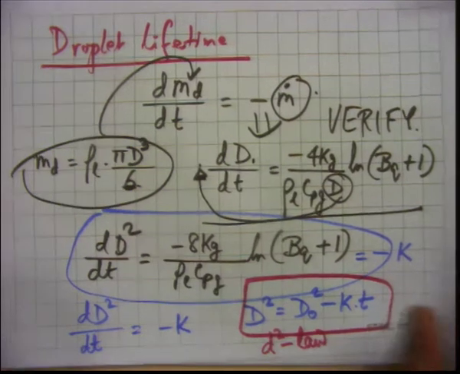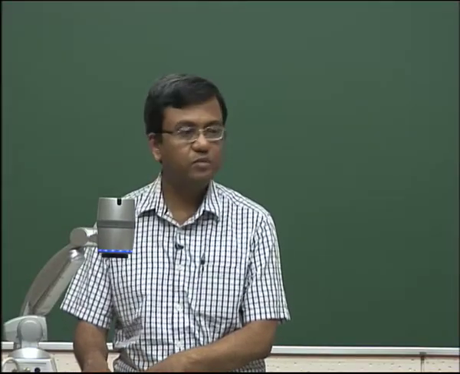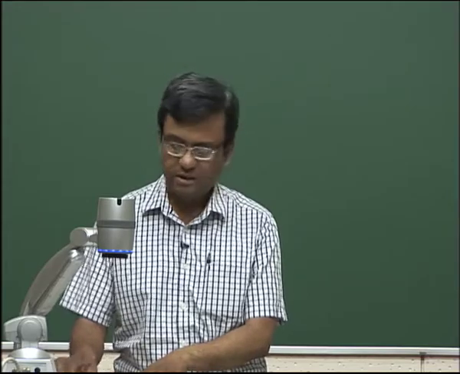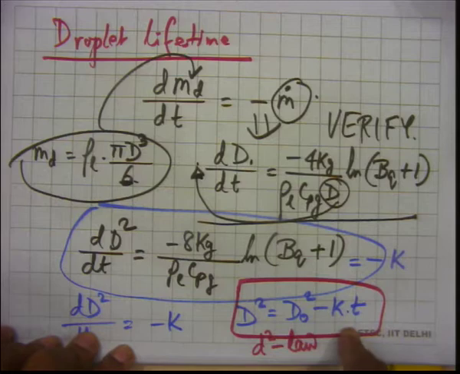Okay, so this is nice. It comes from m dot, but it appeals to you more because it's pretty easy to see that D squared actually linearly decreases with time.